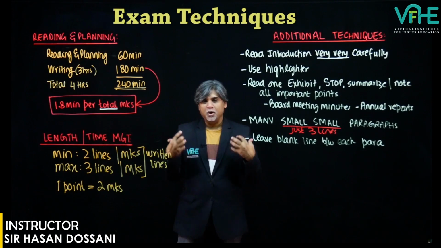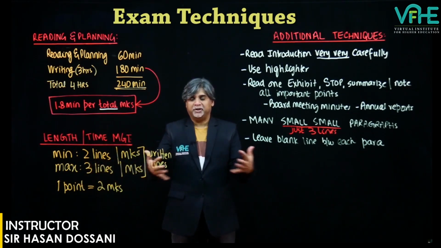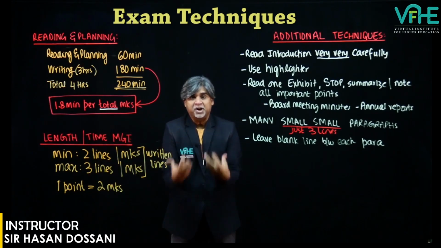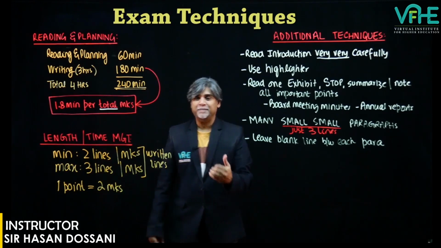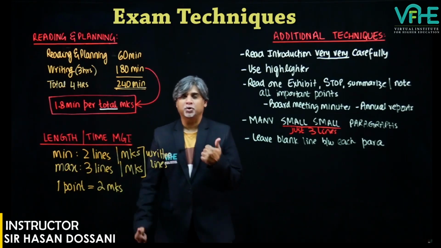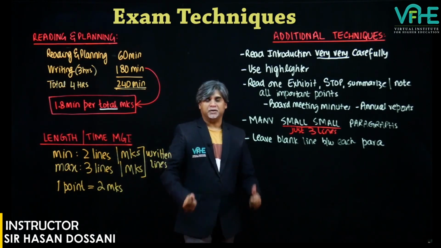All right, so always get into this habit of expanding your answer so that it becomes visually easier for the examiner to see how many points or how many paragraphs, because they also follow this rule of thumb of 2 marks for each point or 2 marks for each para.